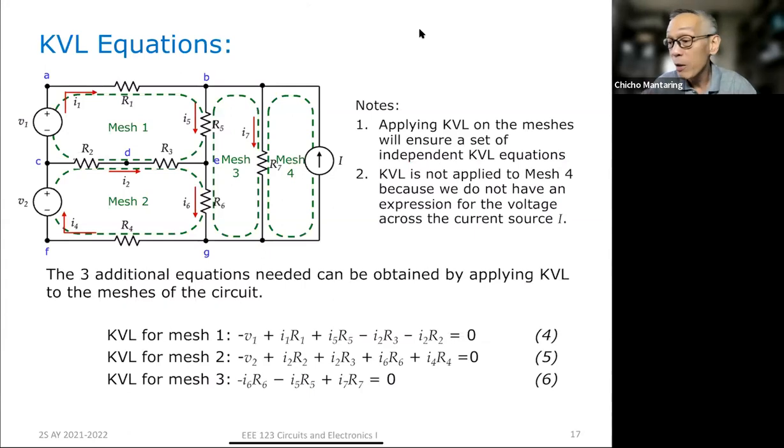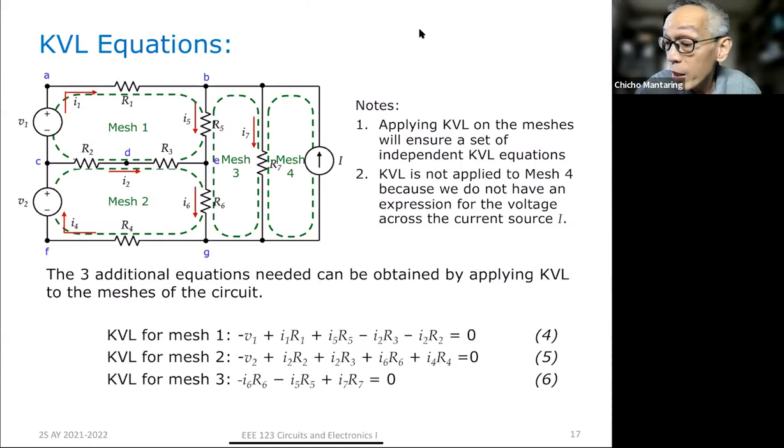For example, what will happen if I combine the equation for mesh 1 and the equation for mesh 2? If I combine these two, I can eliminate I2. Because I2 is common to both equation 1 and equation 2. You notice, no? I have I2 here. I also have I2 here. So I can eliminate I2.